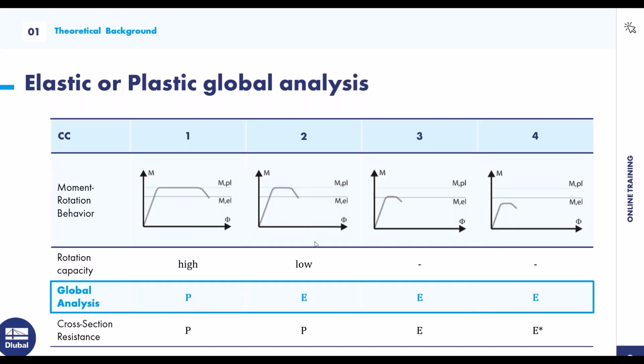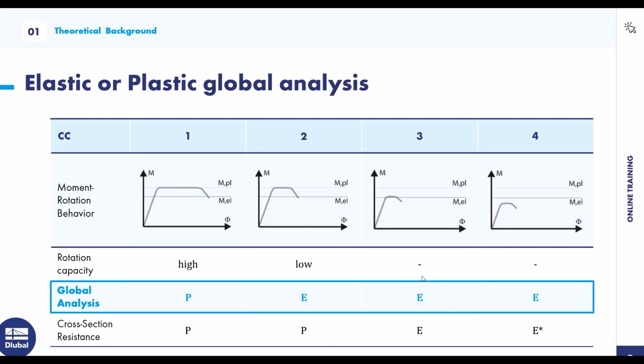Cross-section class 2, where there is a low rotation capacity, allows an elastic structure calculation. And as with cross-section class 1, the cross-sectional resistance can also be applied plastically. So the first and the second cross-section class are where you can consider a plastic cross-section resistance.